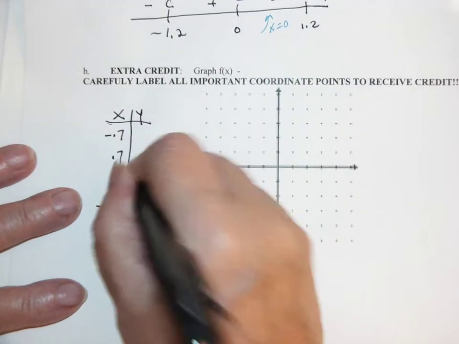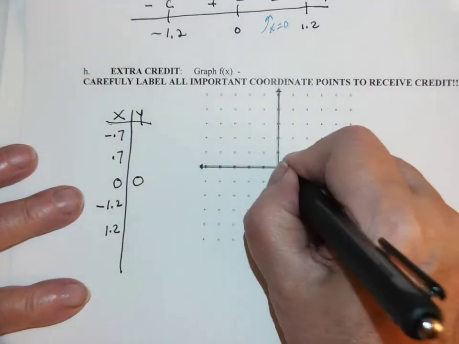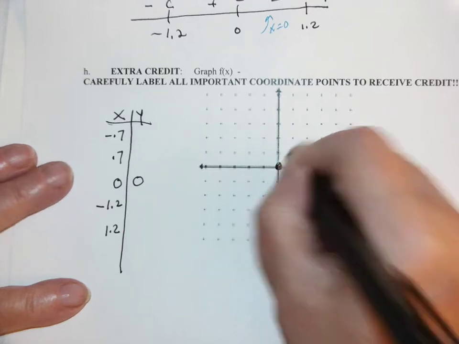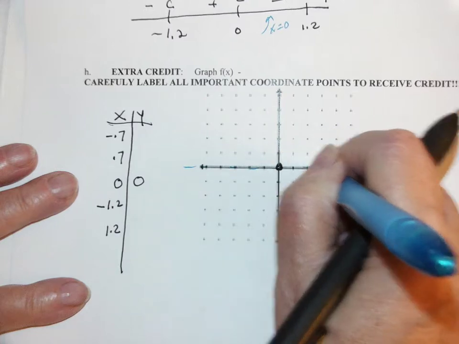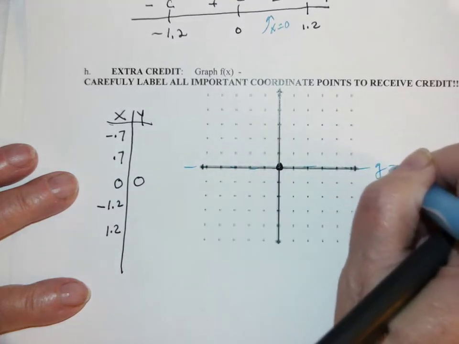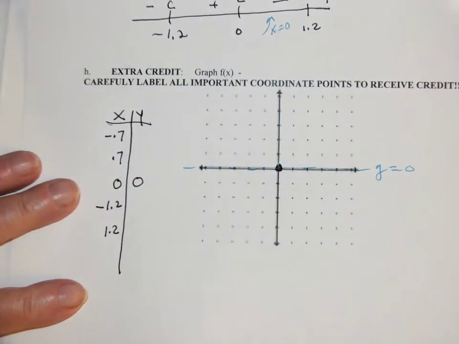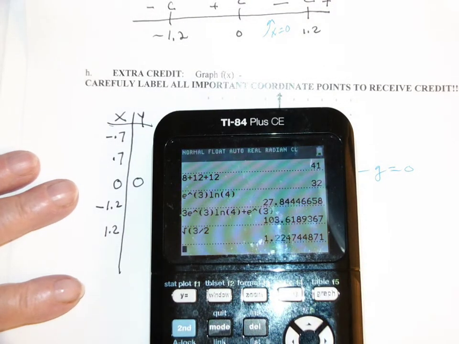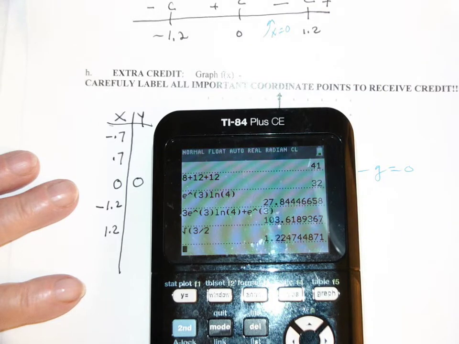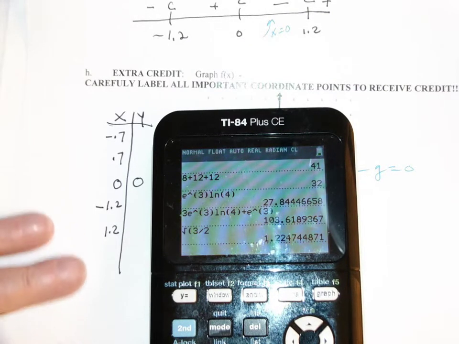I know 0 is 0 because it happens to be. And then I have an HA at y equals 0. So now I just need to do some calculation, and I've got to remember what the original function is. It is 4x e to the minus x squared.